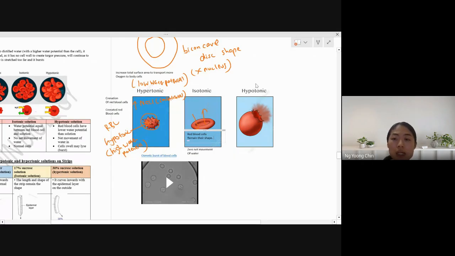So hypotonic means you are placing the red blood cell in a solution with a very high water potential. So when you put the red blood cell in a very high water potential, the red blood cell itself will have a low water potential compared to the surrounding solution. Low water potential.